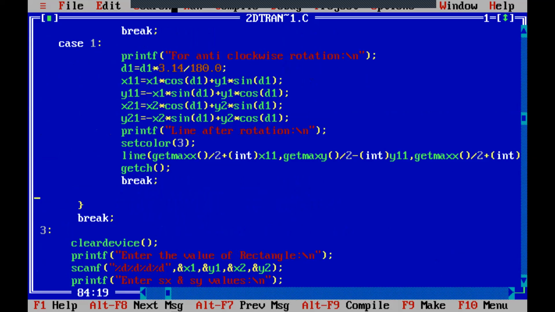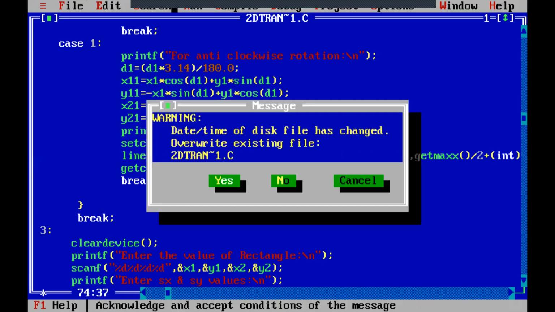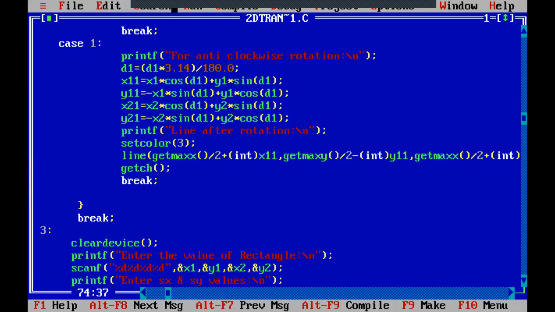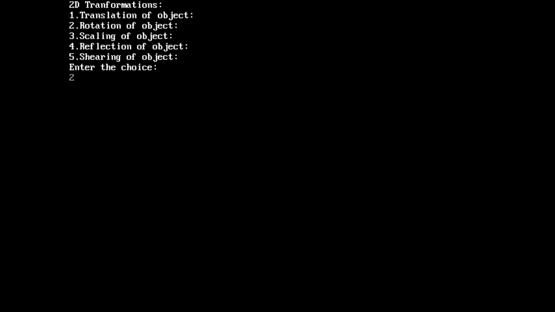Okay. So due to this rounding off only, some minor changes are taking place in the coordinates maybe. Otherwise, the remaining code is okay. There is no issue. We will execute this once again.